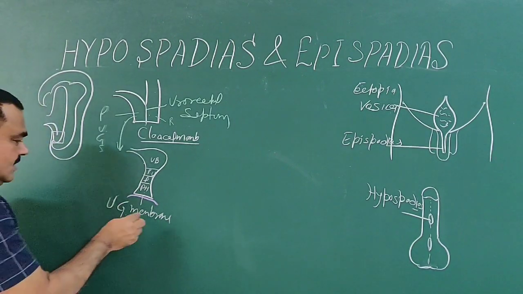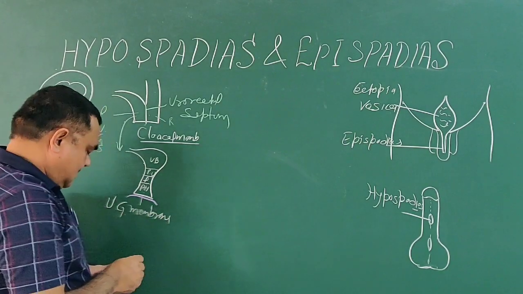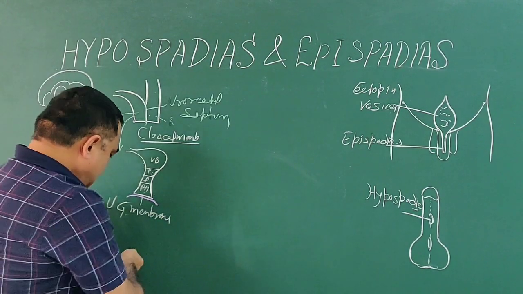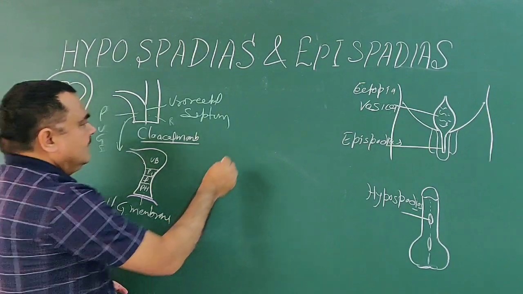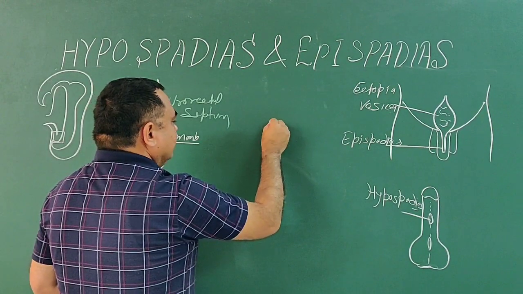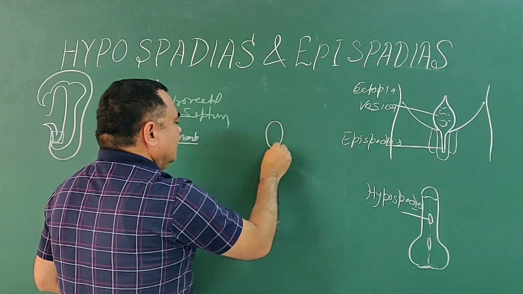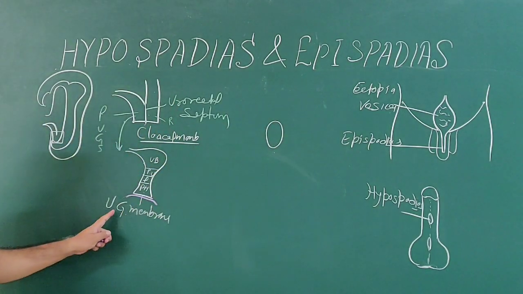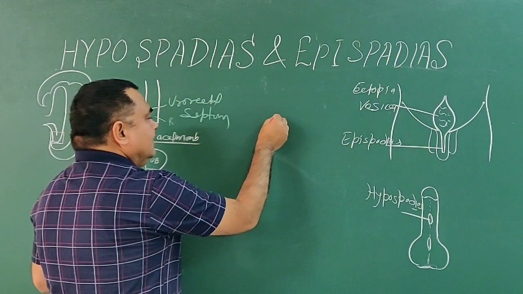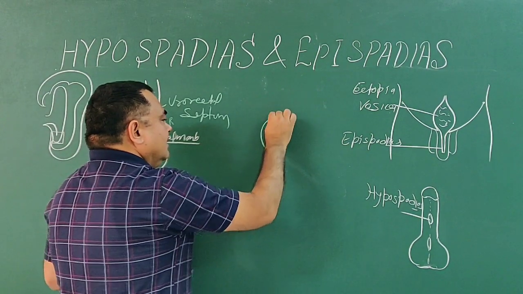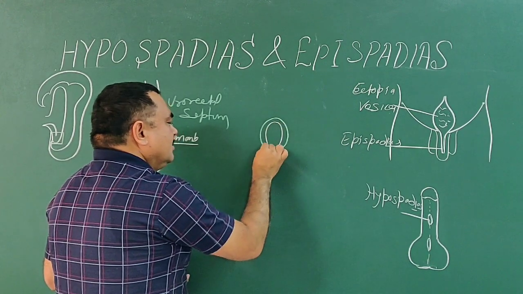If you see in the inferior view, this will be the position of this membrane. This is the urogenital membrane, and it is surrounded by tissue.